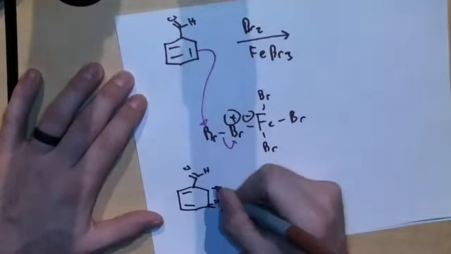And then from here, our FeBr4, which is a Lewis base, can pick up our proton, re-aromatize, to give us our final product.